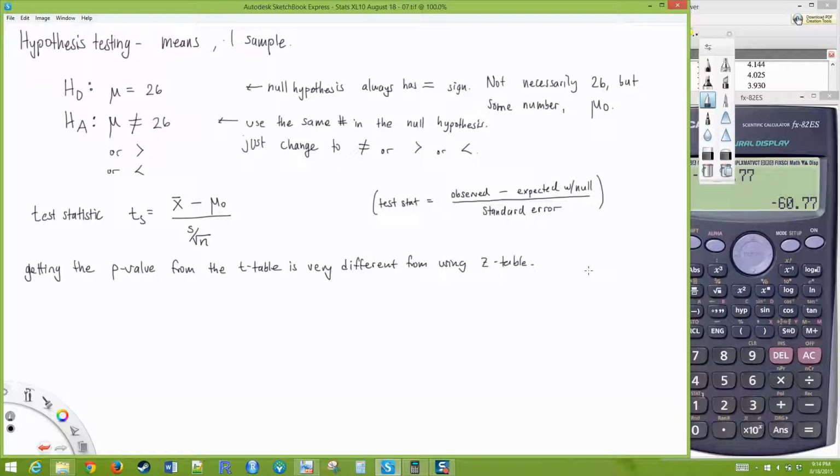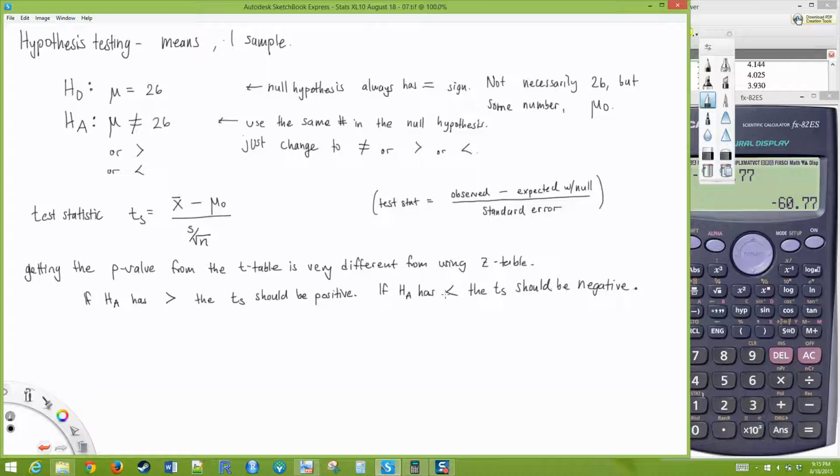Okay, so this is what should happen. If the alternative has greater than, then your test statistic, TS, should be positive. And if the alternative has less than, the test statistic should be negative, okay?